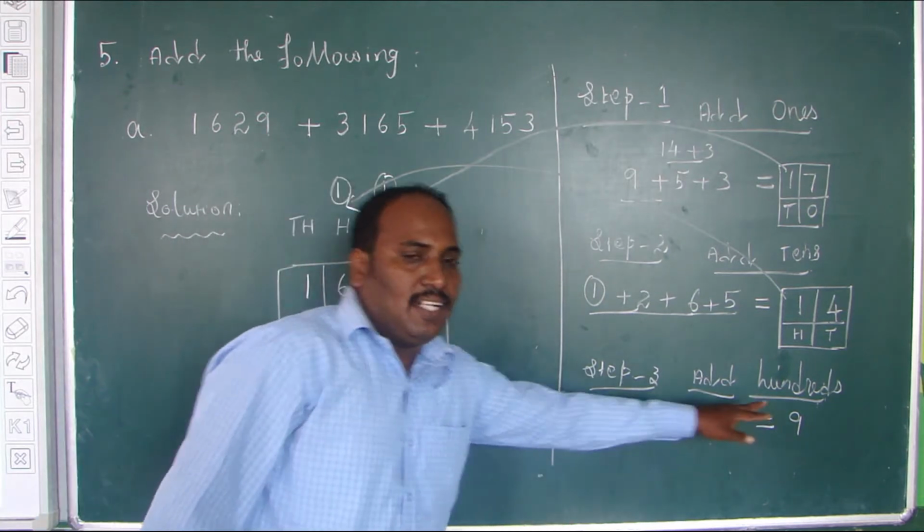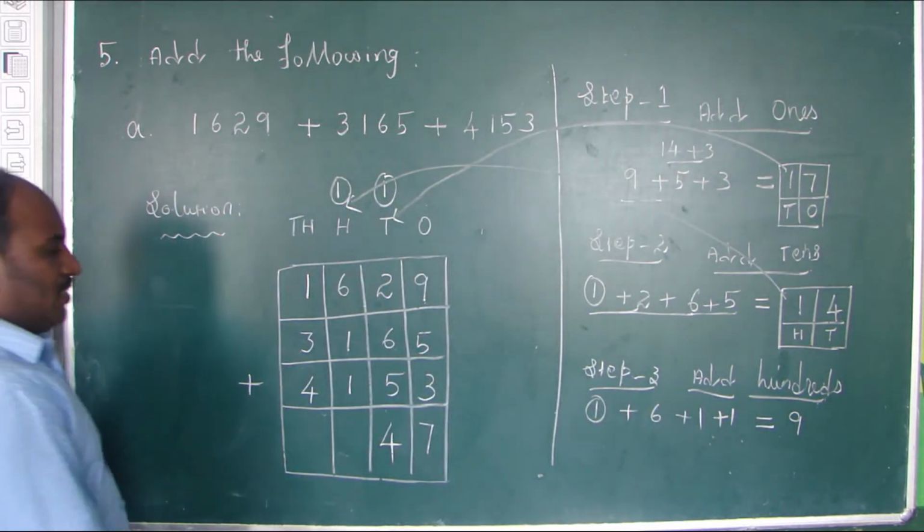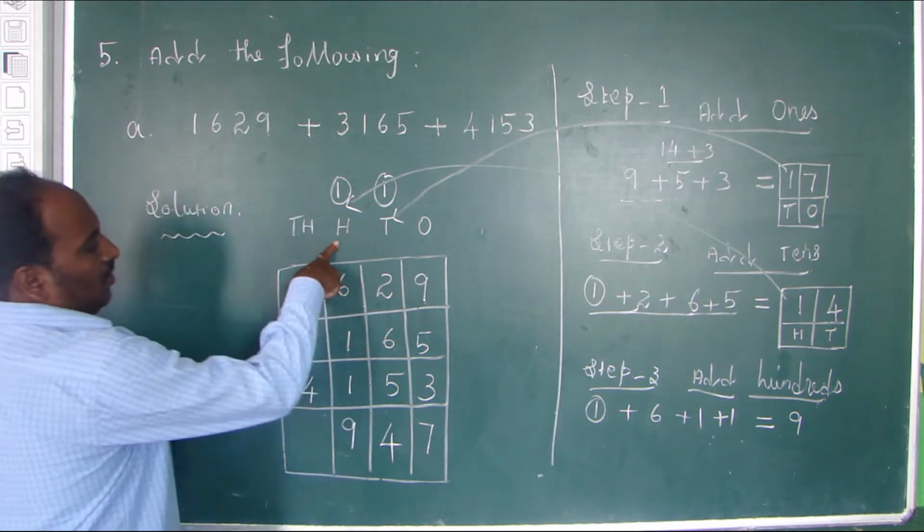That means 9 hundreds. 9 hundreds we write in hundreds place.